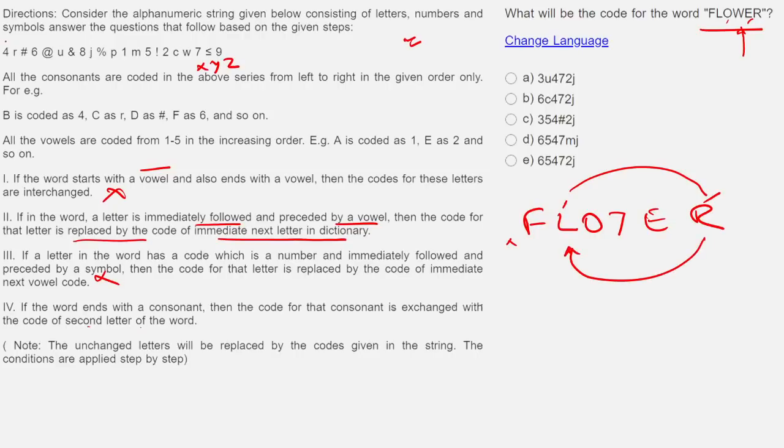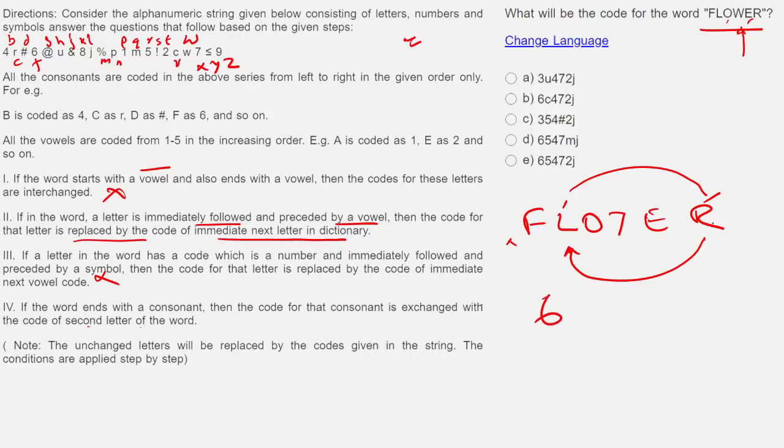Quickly write down the symbols here or look from the previous slide. Okay, let me just do this here. B, C, D, E, F, G, H, I, J, K, L, M, N, O, P, Q, R, S, T, U, V, and this is W only. So F here is 6.